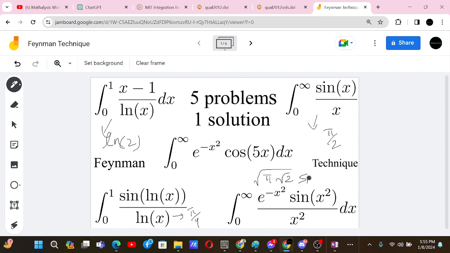Yeah, sine of pi by 8. And this one was, what was it? We just did it, but I forgot. Okay, so root pi by 2 times e to the power minus 25 by 4. So we have solved all of these problems using Feynman's technique.